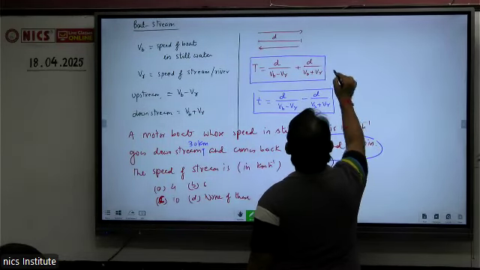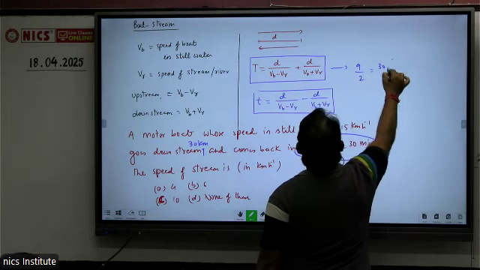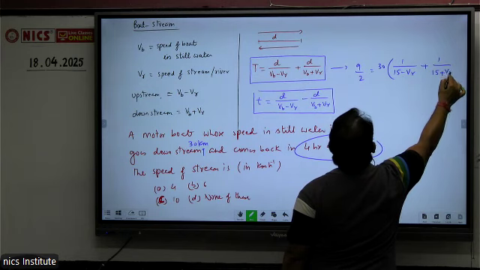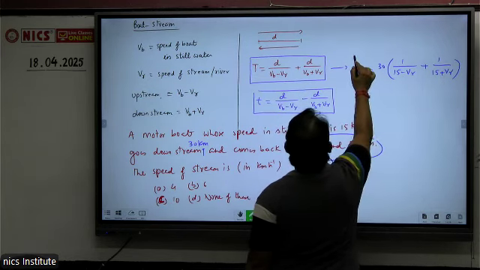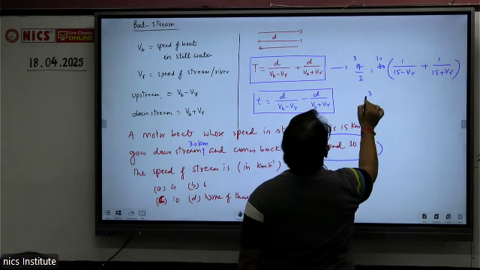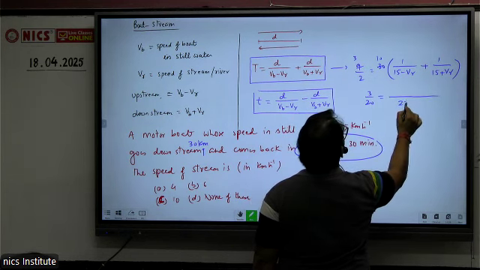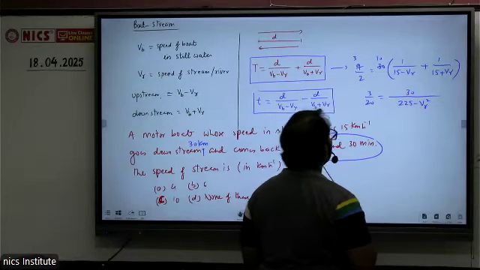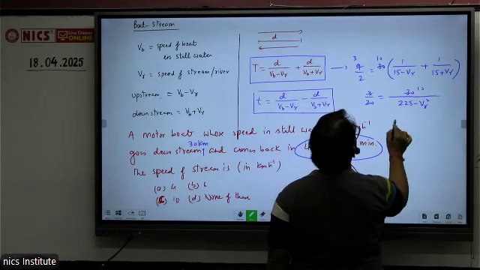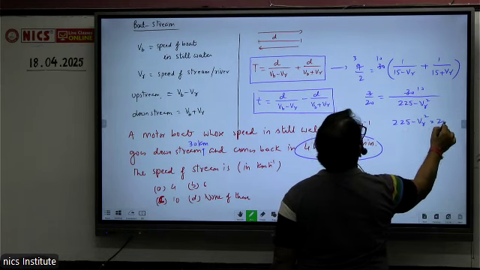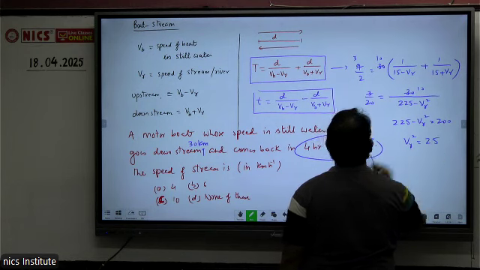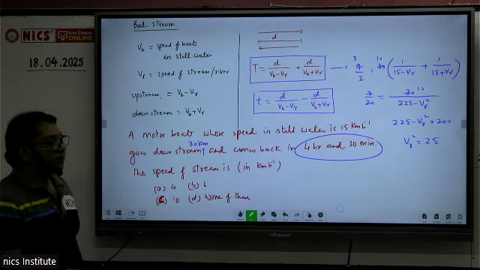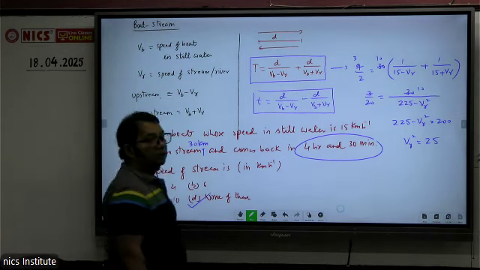This would be 9/2. 30 will be common. 15 squared, 225. 5 kilometer per hour.